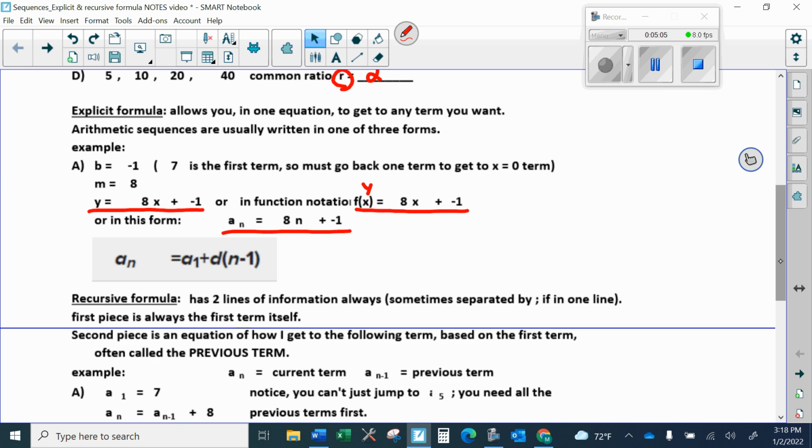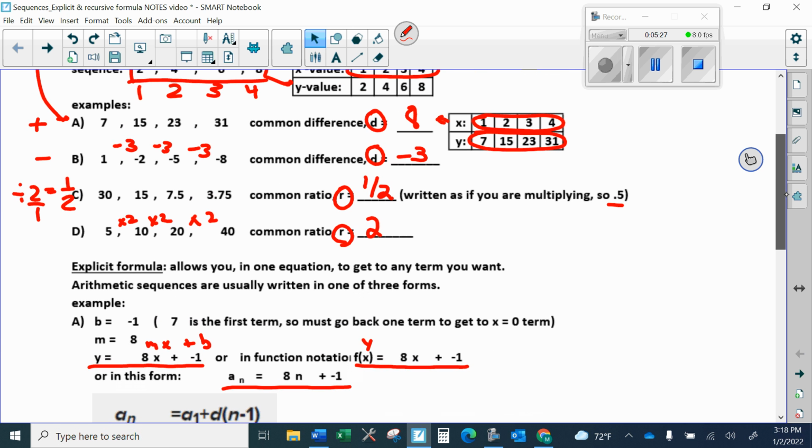Notice that all of these that I've got underlined in red are written in slope-intercept form, y equals mx plus b. Okay, so now what I need to remember, and I used this example A above here. That's why the A is right here. That's the one I'm using right here.